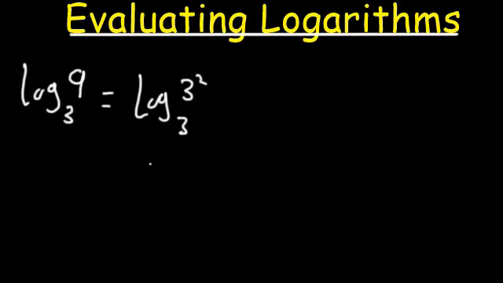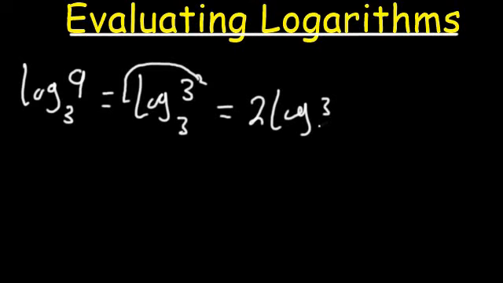I believe by now you should have watched all the laws of logarithm videos I posted. If you haven't, you can click on the link that just popped up. So the 2 is allowed to come to the front of the logarithm in order to keep the general form of a logarithm expression. This simply equals 2 log of 3 to the base of 3.